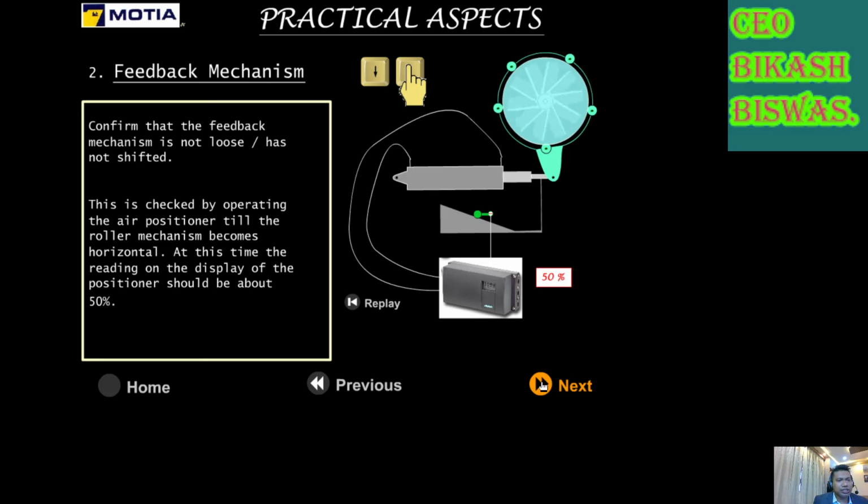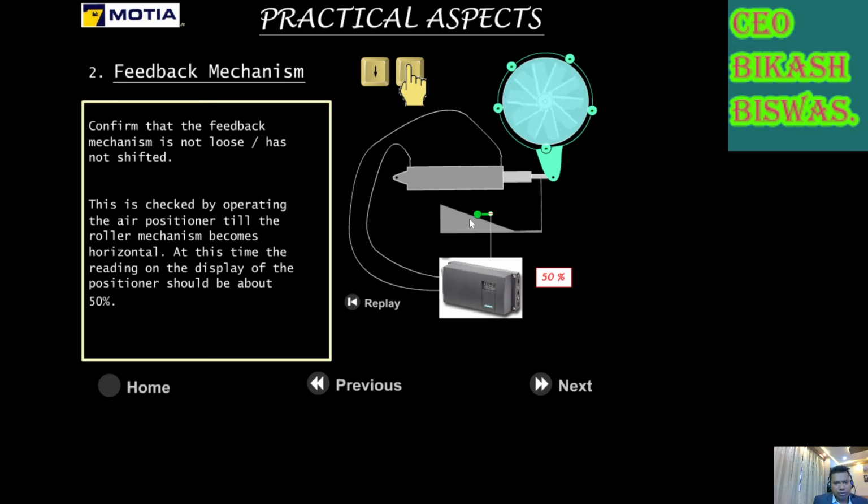This is checked by operating the air positioner till the roller mechanism becomes horizontal. At this time, the reading on the display of the positioner should be 50%. So keep the actuator in the horizontal position.